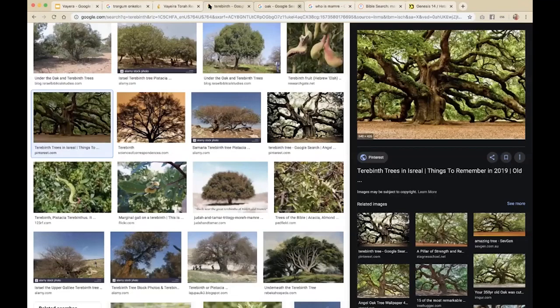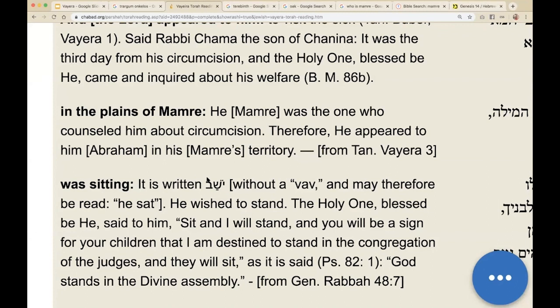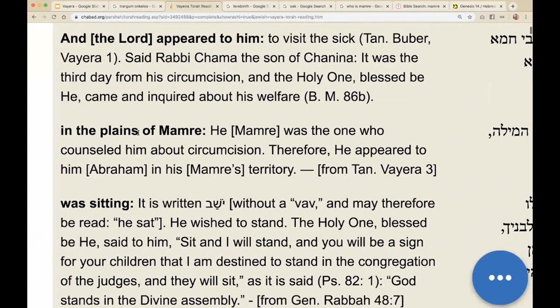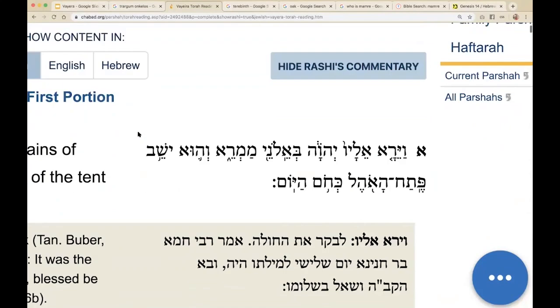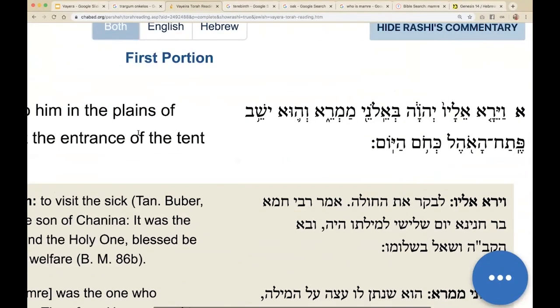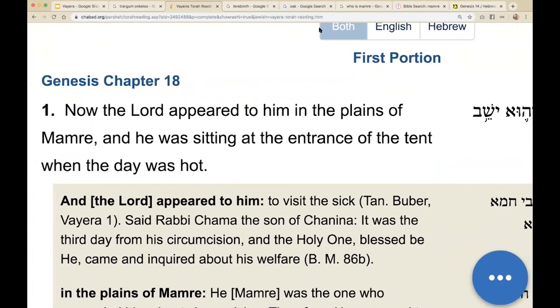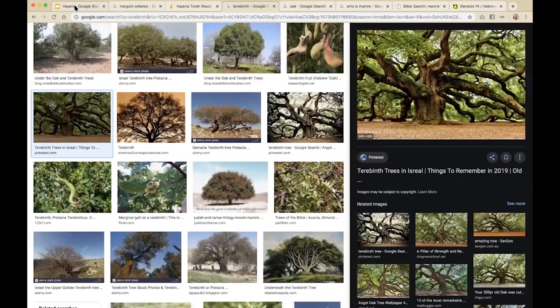So the question is, why in the Chabad translation, right here, does it say plains? Most translations use the word oak, and the JPS, the Jewish Publication Society Bible, translates it as terebinth. I would trust the JPS, which is also what my teacher agrees with.